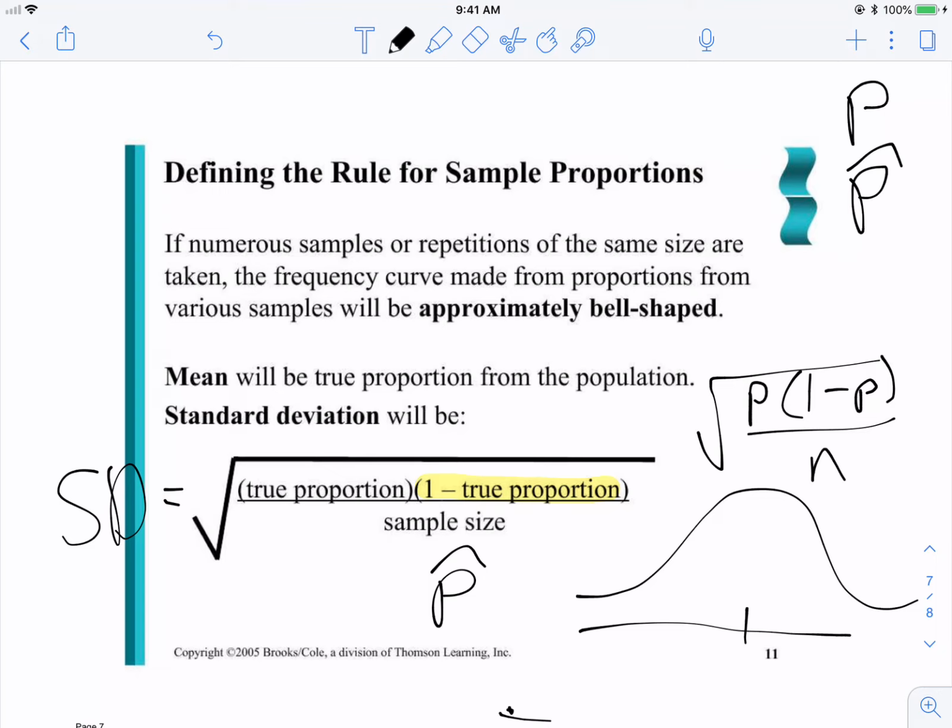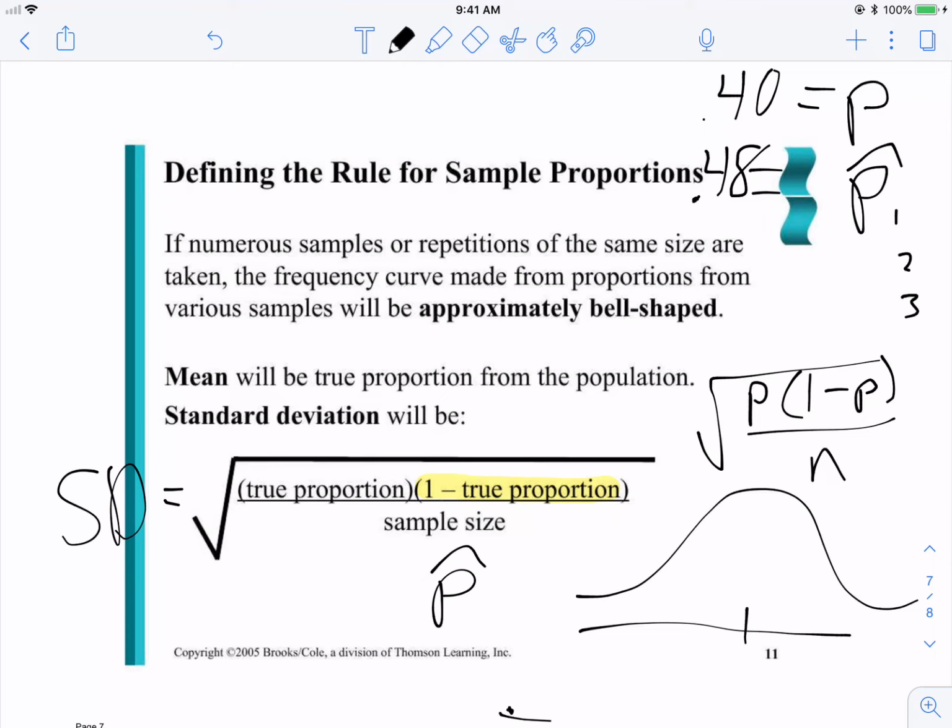When we were talking about the X's and the smiley faces, we knew that the population proportion was 40%, 0.40. But our first sample of size 25, I think its proportion was 48%. Well, that would be p hat 1, and then p hat 2 and p hat 3 all had their own sample proportions.